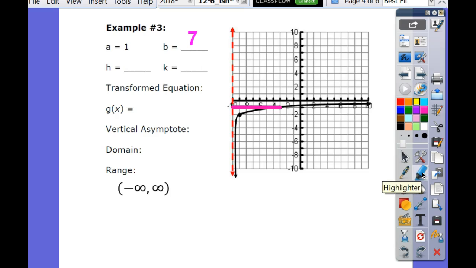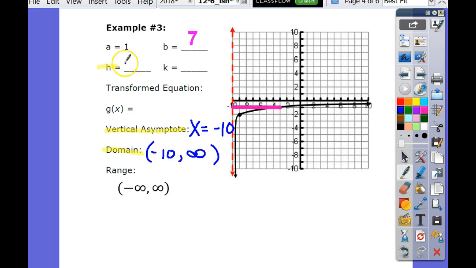First thing I'm going to figure out is the asymptote. That's going to help me with the domain and the h. Where is the asymptote? So the domain goes from -10 up, and the graph has been moved -10. This is the key point.